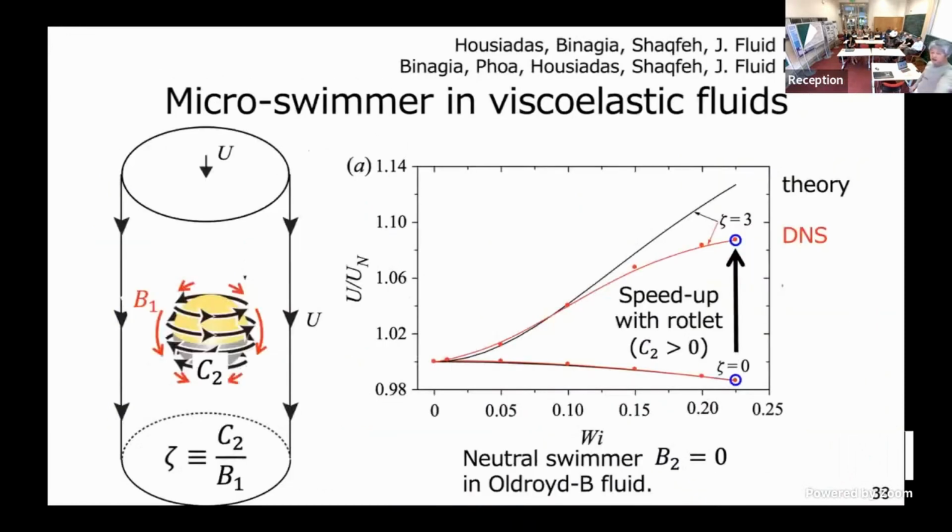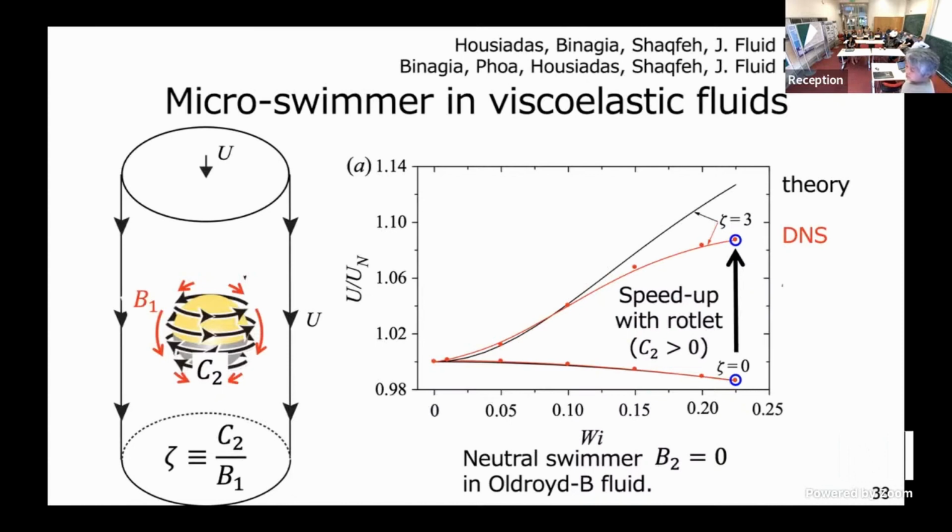So this is other people's data, from Professor Sakufed's group. They simulated a type of squirmer particle with Lotlet in a cylinder. Then they observed the propelling speed of such a particle as a function of the Weissenberg number, the degree of viscoelasticity.